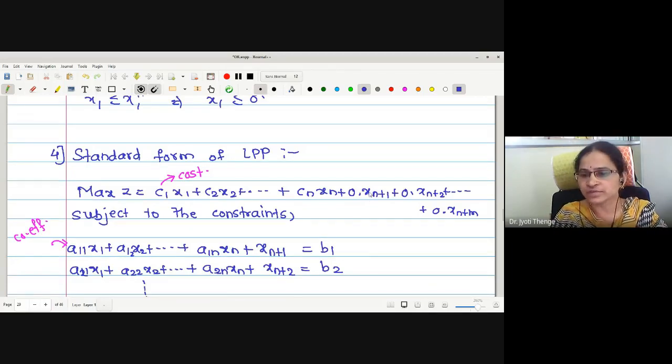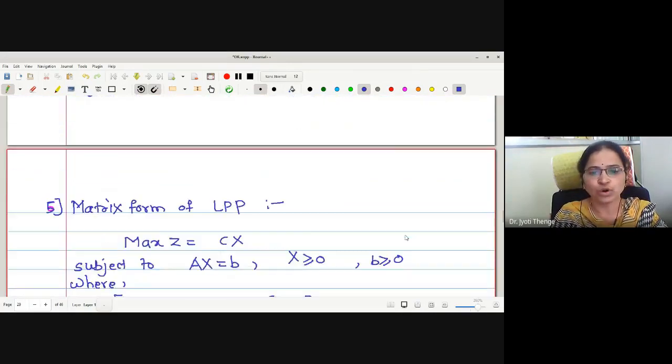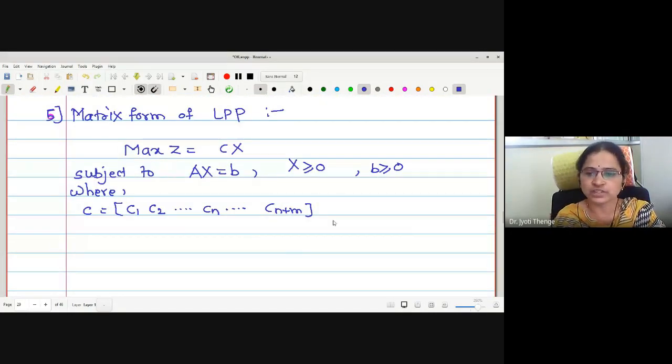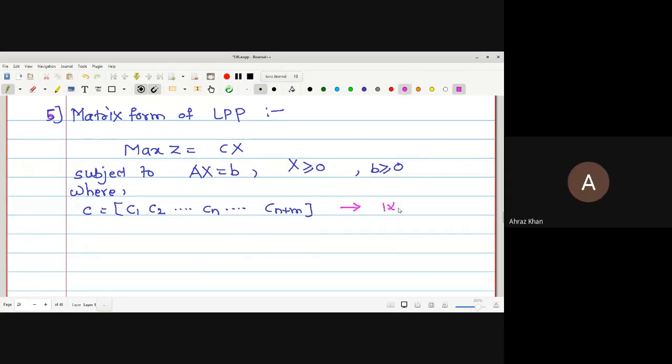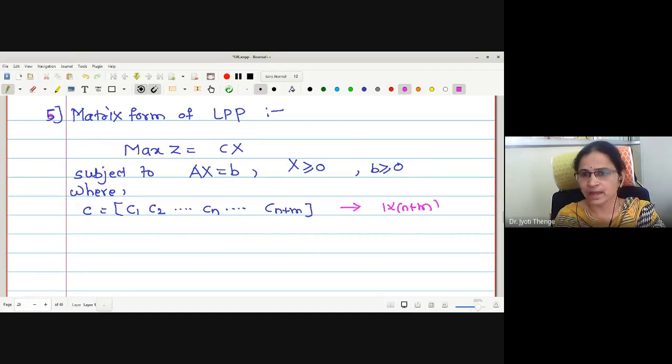No doubt the costs of these added variables will be 0, 0, 0, but still we have to mention them. So what is the order of this matrix? 1 by n plus m. Purposefully I am writing the order so that you can understand.